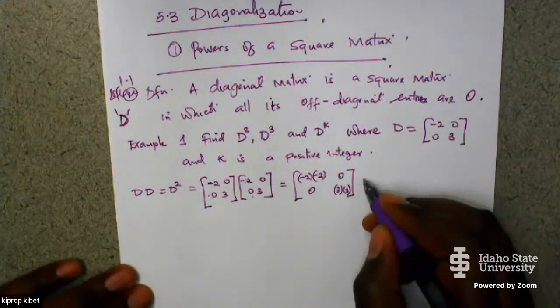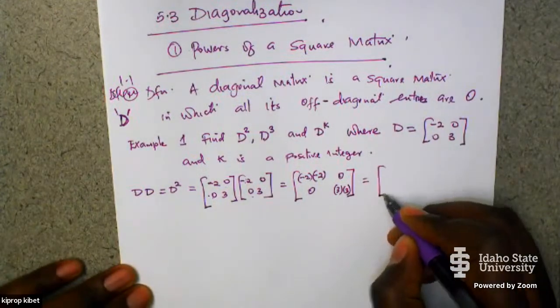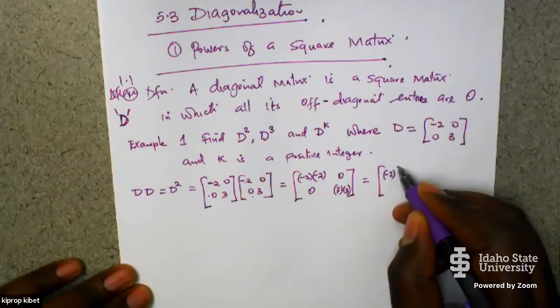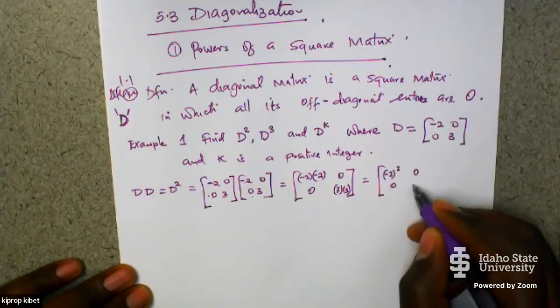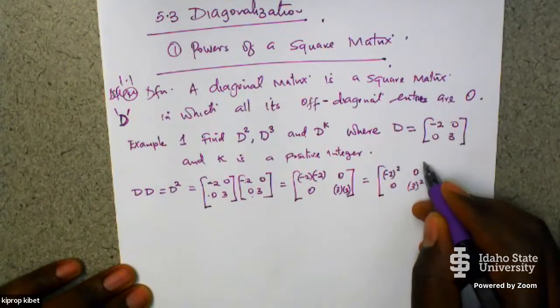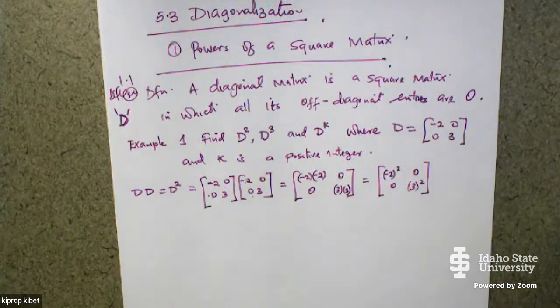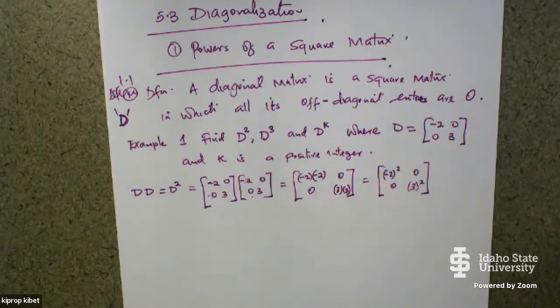So this is the same as -2 squared, 0, 0, 3 squared. It is simple: -2 squared is 4, and 3 squared is 9.